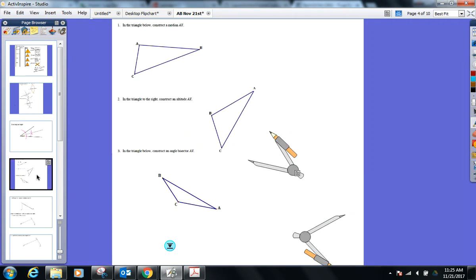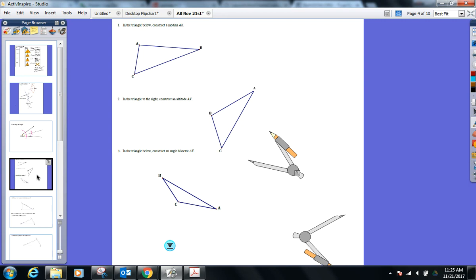First one, construct a median, AX. Construct median AX, so we know what vertex we have to draw it from. A down to the opposite side. What do you guys know about medians? They got to be drawn to midpoints. Good thing we just reviewed that. How do you find the midpoint of a segment? The perpendicular bisector construction.